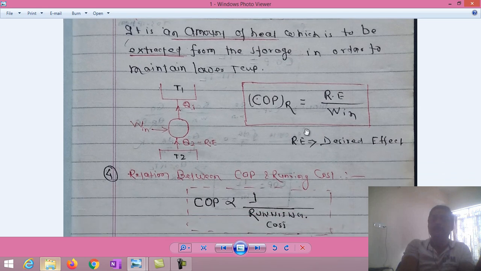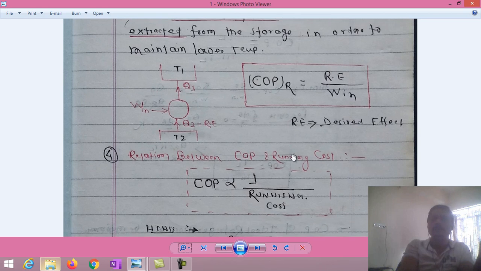In addition, let us see what the work input is. Just apply common sense: whenever any refrigerator is running, we need to supply some power input.